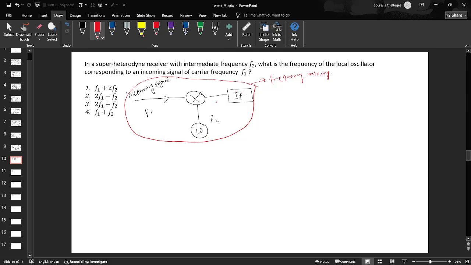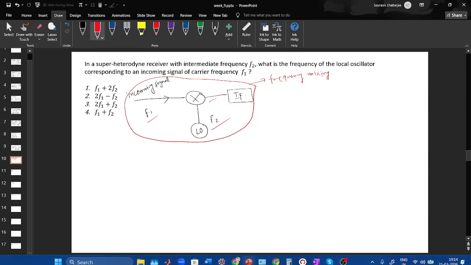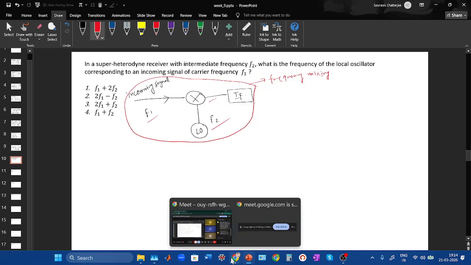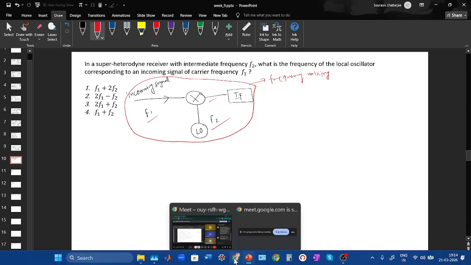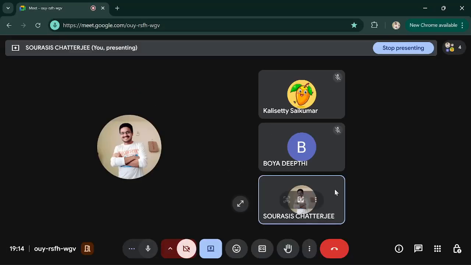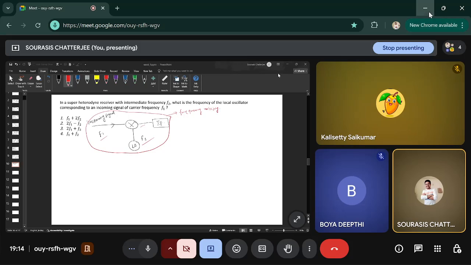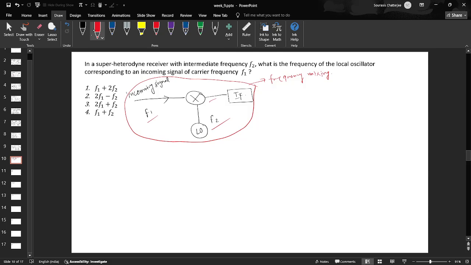So why frequency mixing? You are mixing the incoming signal, which has a certain frequency, with your local oscillator, which produces a certain frequency f2, to get some derivative in terms of f3 or something. So the question here is, what is the purpose of this frequency mixing?